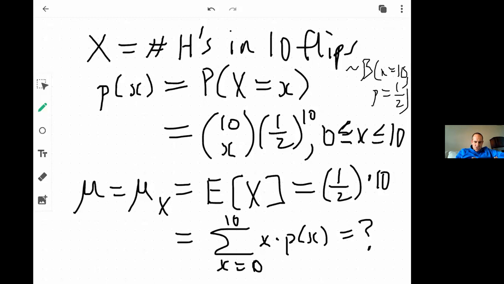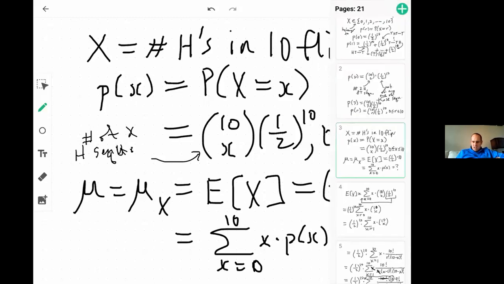So 10 choose x was the number of x-head sequences. Of course, there are going to be 10 minus x tails in there, and each of those sequences occurred with the same probability, namely 1/2 to the 10th. So that's where that probability mass function came from.